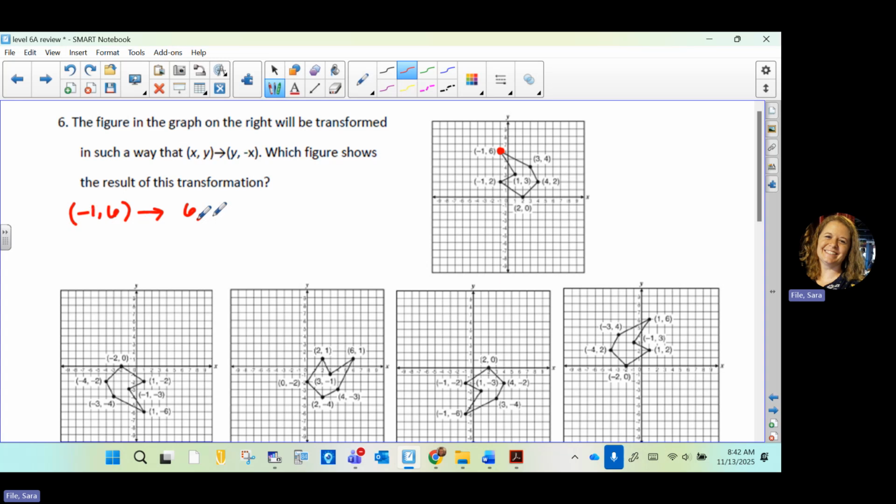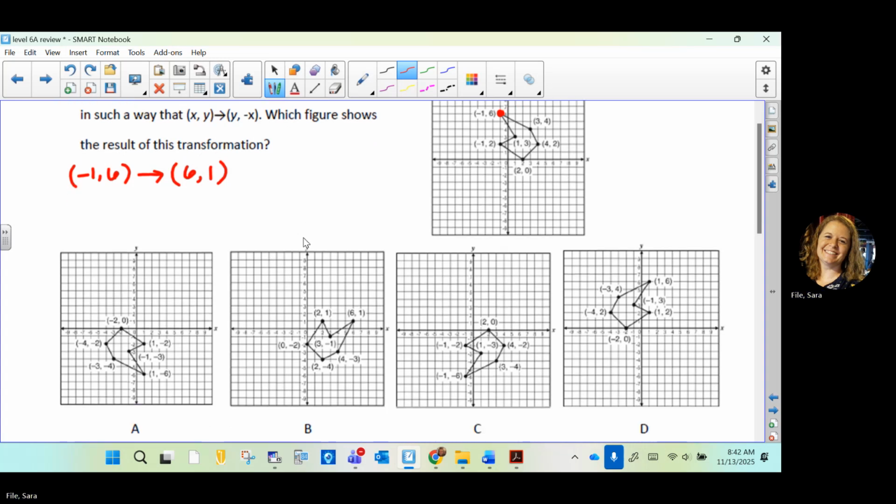So instead of -1, it's going to become +1. So which of these has that spiky corner that's jutted out the furthest at (6, 1)? Here it has it at (1, -6). That's not what we wanted. Here it has it at (6, 1). That's it. You can check the others, but they are wrong.